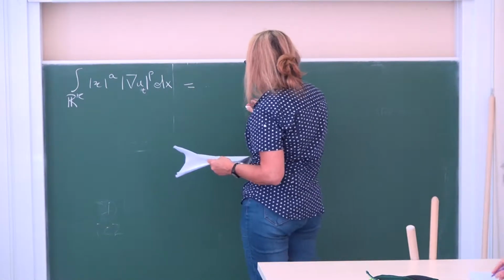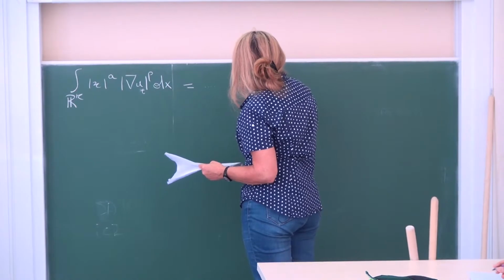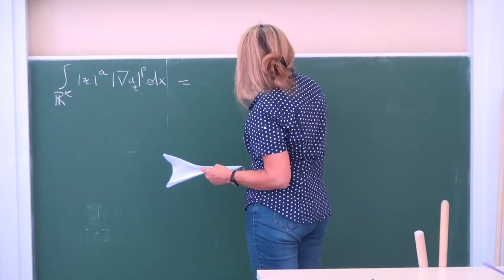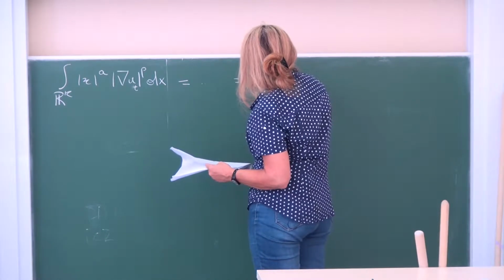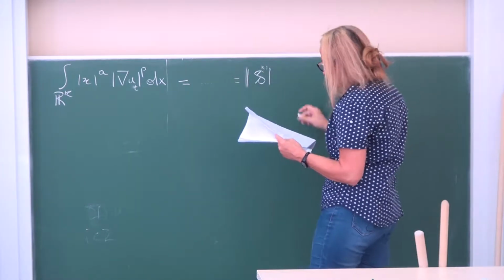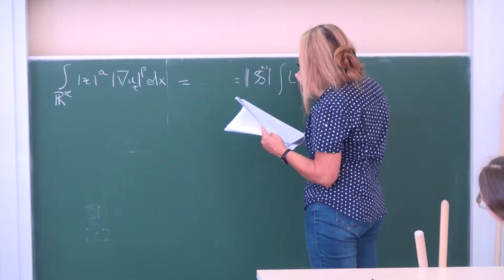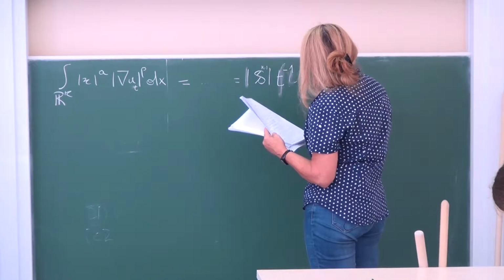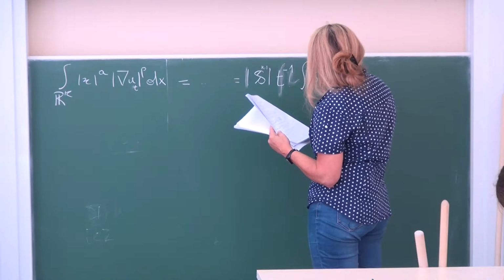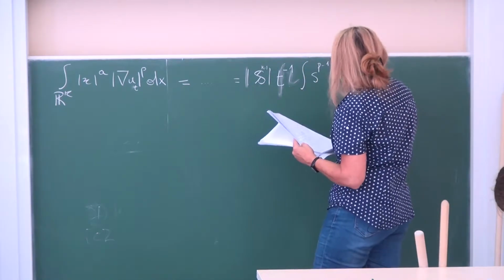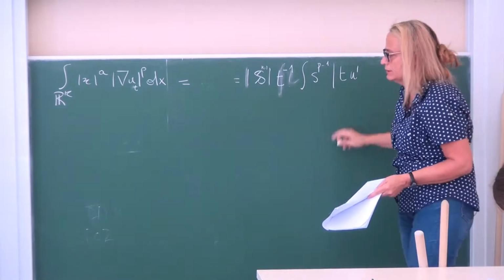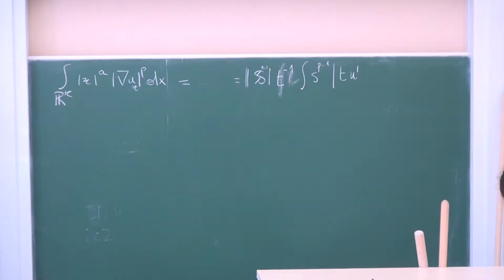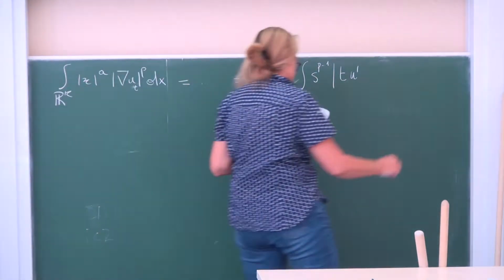The result is this: since you can change coordinates, the measure of the unit sphere in R^k times t minus 1, the integral of s^(p-1) (t u' minus h)... u' is a function on the positive semi-axis. u is positive, I regard it as a function on the positive real axis.